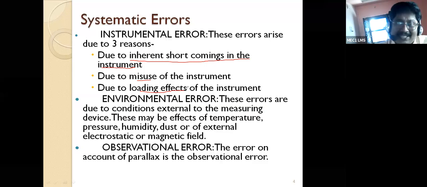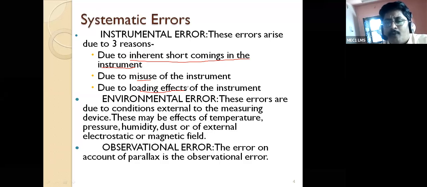We are talking about shortcomings in the instrument. What are the inherent shortcomings? Maybe friction, maybe vibration, maybe some fluctuation in voltage. These are the examples. It leads to the reading being incorrect. This is the instrumental problem.